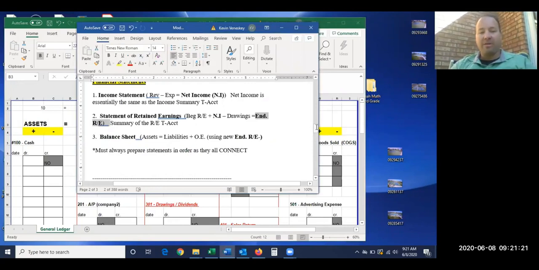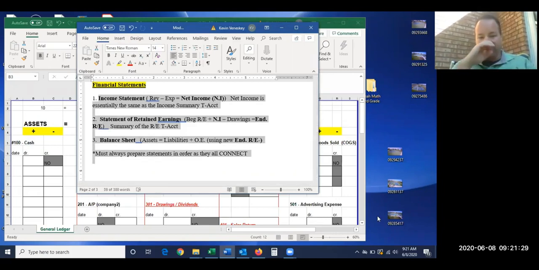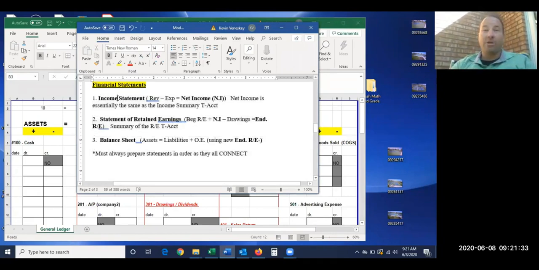You have to prepare these in order, otherwise it just doesn't work out. So that's the biggie when we're talking about the financial statements: you've got to prepare them in order, and then you just have to remember which items go in which statement. And it's just work backwards. The income statement, which comes first, has your very end accounts, the ones on the very right-hand side.